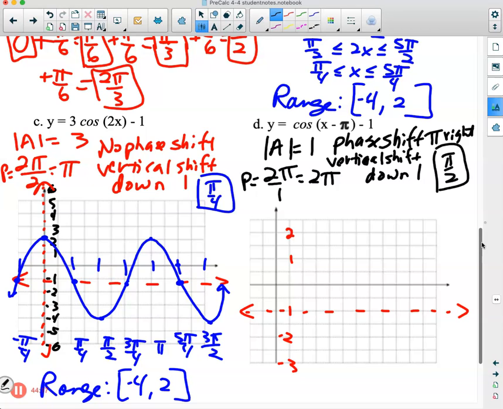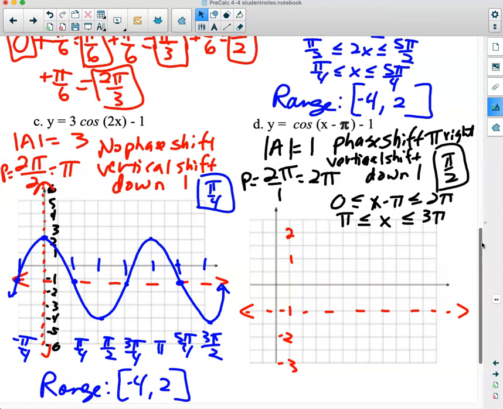Well, let's see. 0 is less than or equal to x minus pi, which is less than or equal to 2 pi. So I'd have to add pi to both of these, or all 3. Well, that's kind of strange. But it makes sense when you think about the fact that we're going to move it over 1 pi. I mean, that's what's going to happen. So we need our little pi over 2 pieces on here.